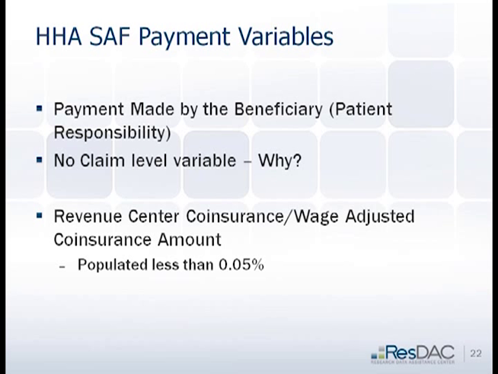It's called revenue center co-insurance or the wage adjusted co-insurance amount. There's 2 variables. It's populated less than 0.05% of the time. It's not populated a lot. It is there, so if you want to get down to the nitty-gritty, there are some amounts that a beneficiary is responsible for. But again, because of the payment system and what Medicare covers, it's not a variable that maybe you worry about.